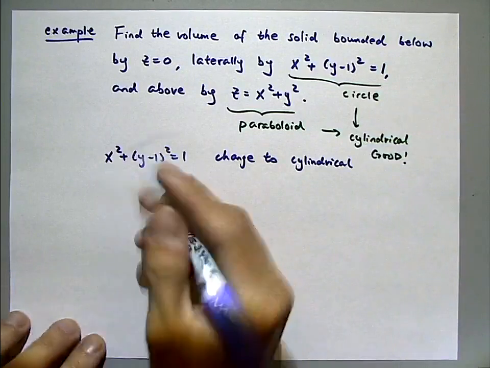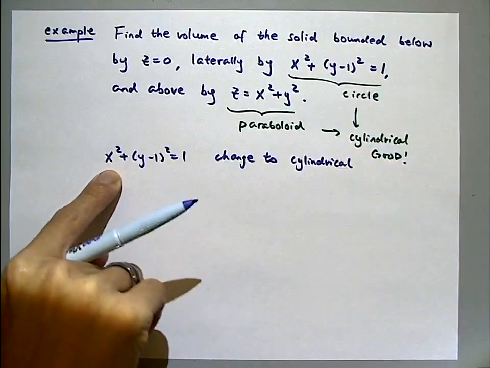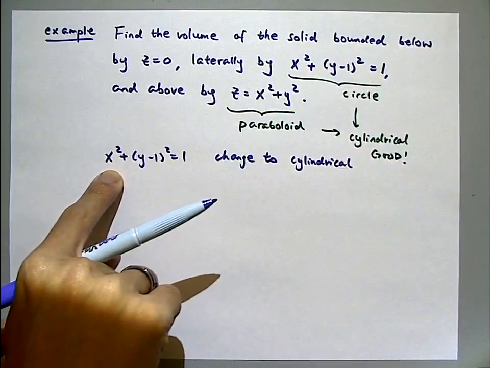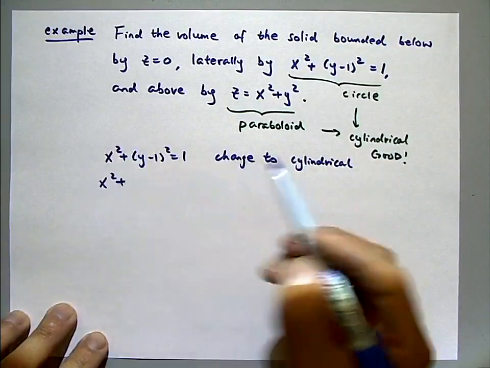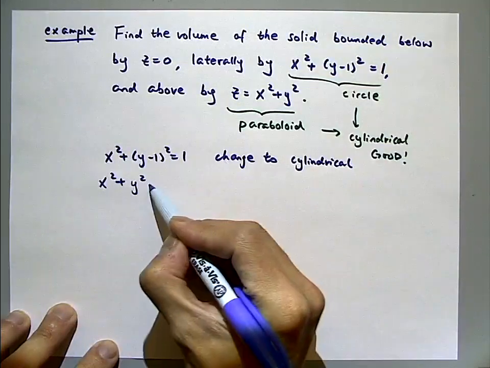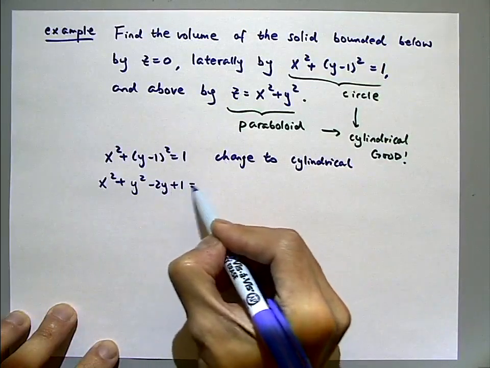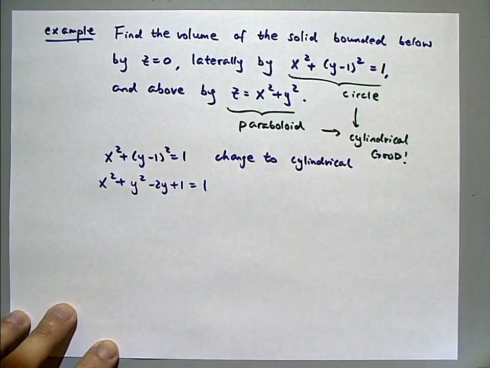Okay. What is x in polar? Well, let's multiply this out first. So this is x squared plus y squared minus 2y plus 1 equal to 1. All right?